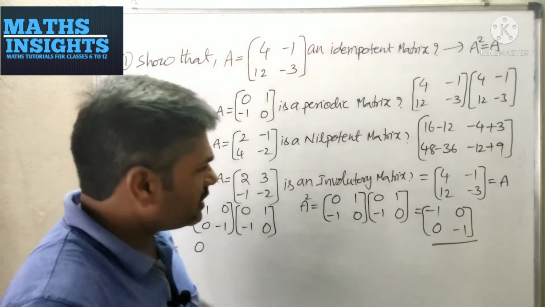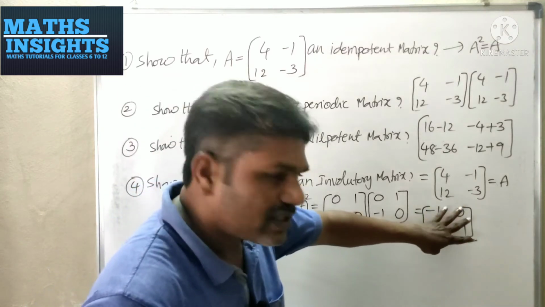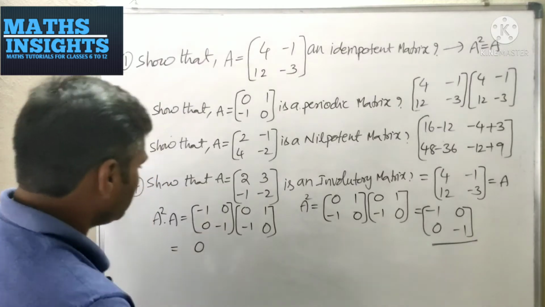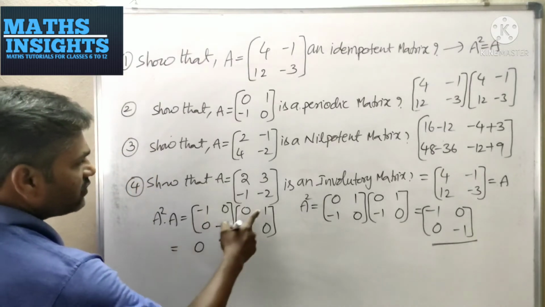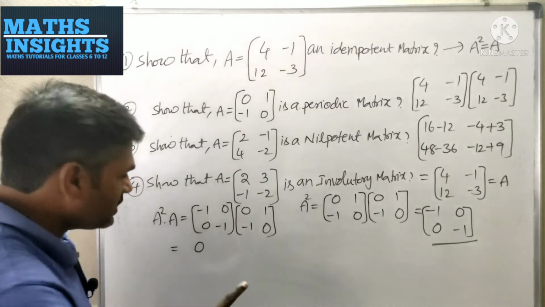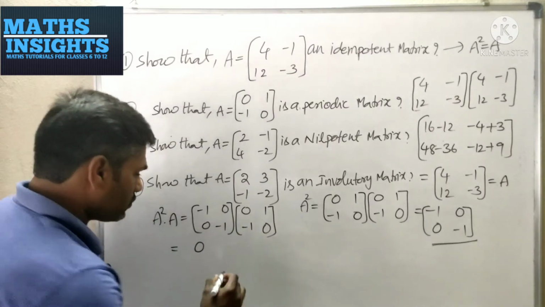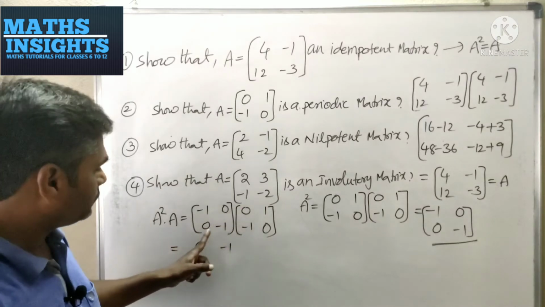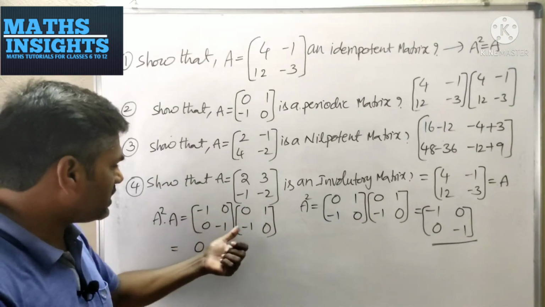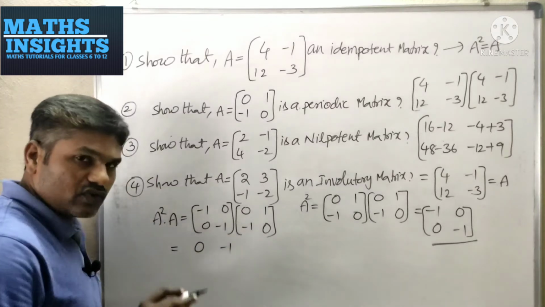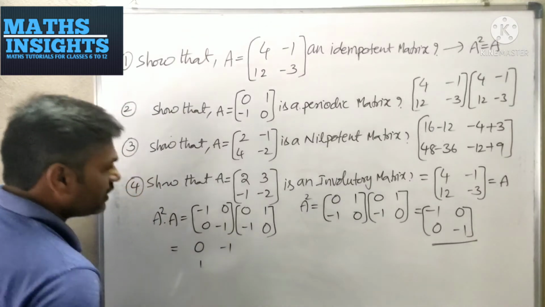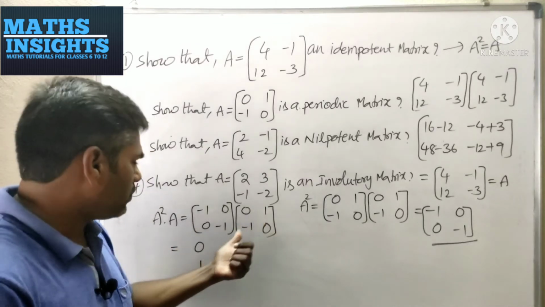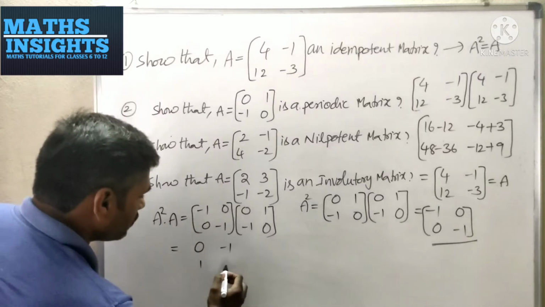So I didn't get it, that's why I am multiplying the result of A square with A, which will give you A cube. First row, first column: minus 1 into 0, 0, plus 0 into minus 1, 0. First row, second column: minus 1 into 1, minus 1, plus 0 into 0, 0, so minus 1. Second row, first column: 0 into 0 is 0, plus minus 1 into minus 1, plus 1, so 1.